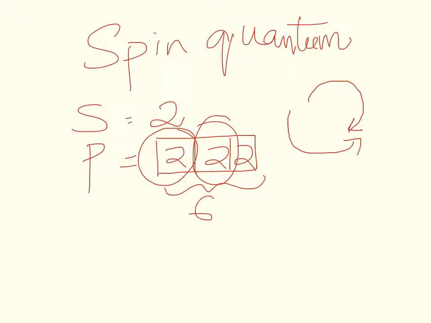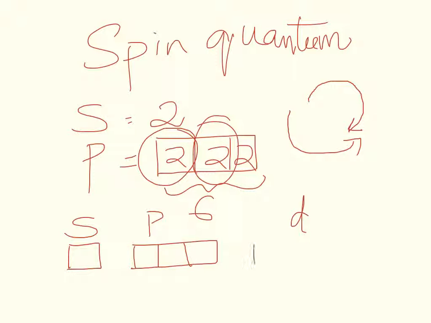So when we represent orbitals as squares, s is represented as a single square, p is represented as a combination of 3 squares, because remember it comes as a set of 3 orbitals, and d is represented as a combination of 5 orbitals.